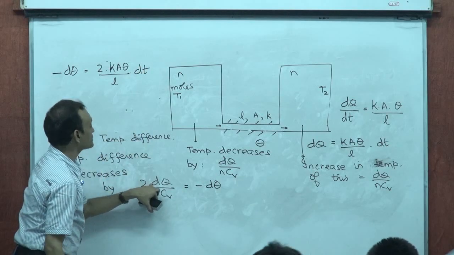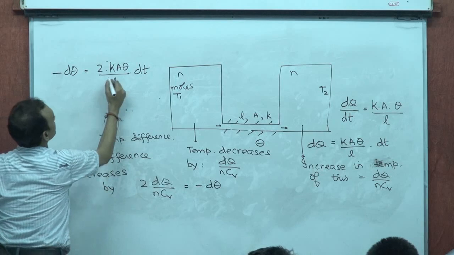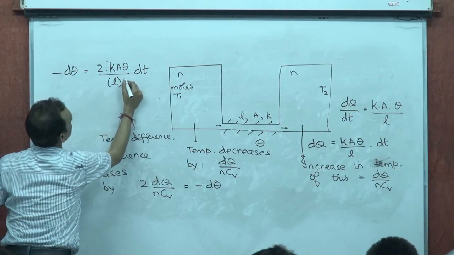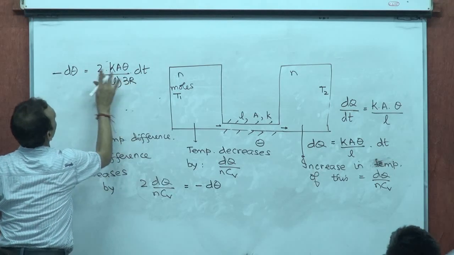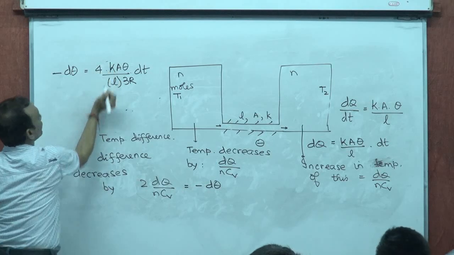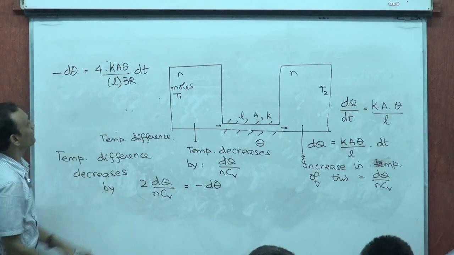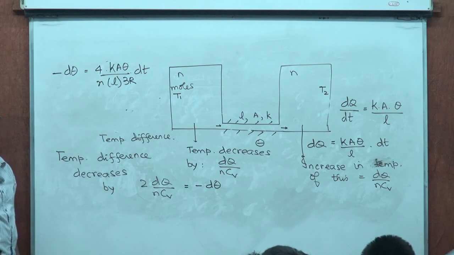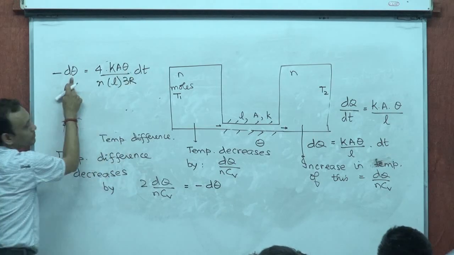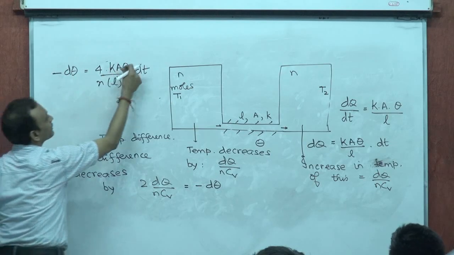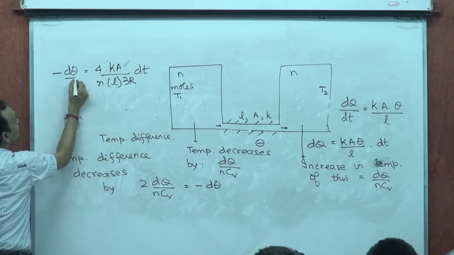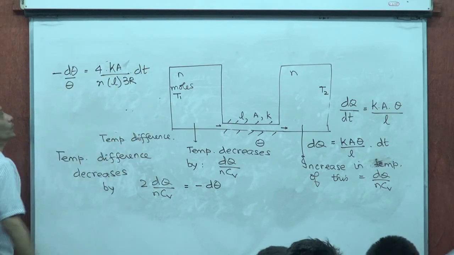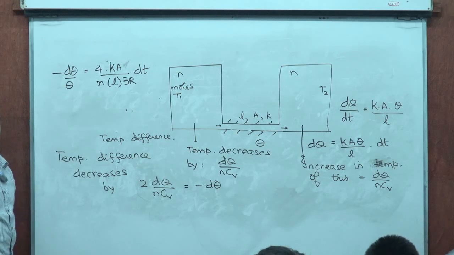Minus d theta is 2 KA theta by L nCv into dt. Cv is 3R by 2, so 4 KA theta dt by 3nRL. This theta I can bring in here. Writing Cv as 3R by 2, this is what transpires.